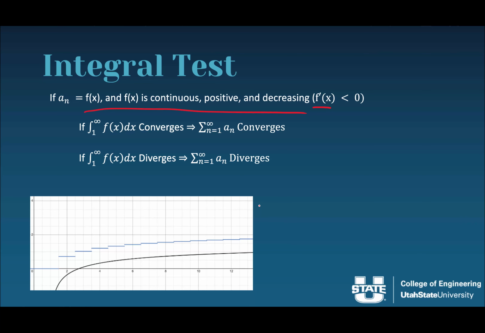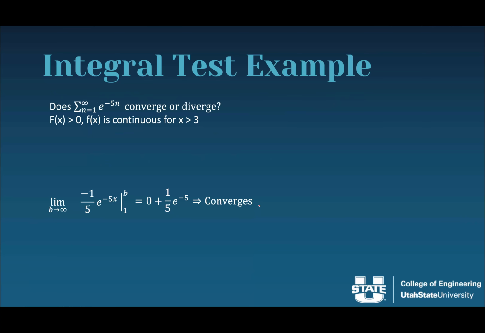Do you guys want to go through this example or skip? Yes, do it? Okay, cool. Basically, all I'm doing with this one is saying that my f of x is equal to e to the negative 5x, right?